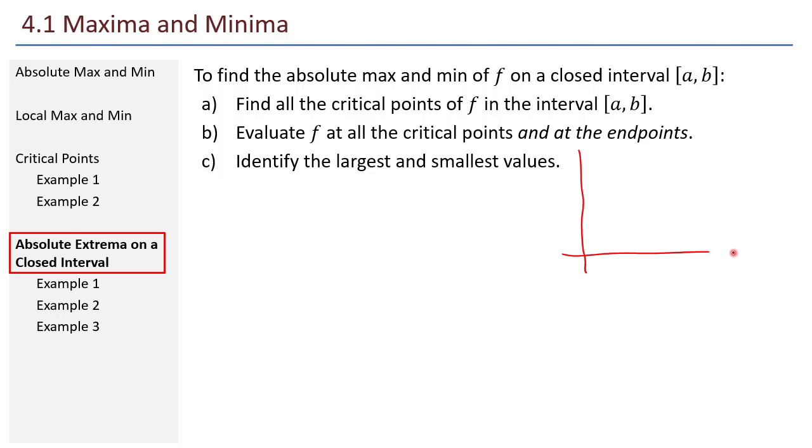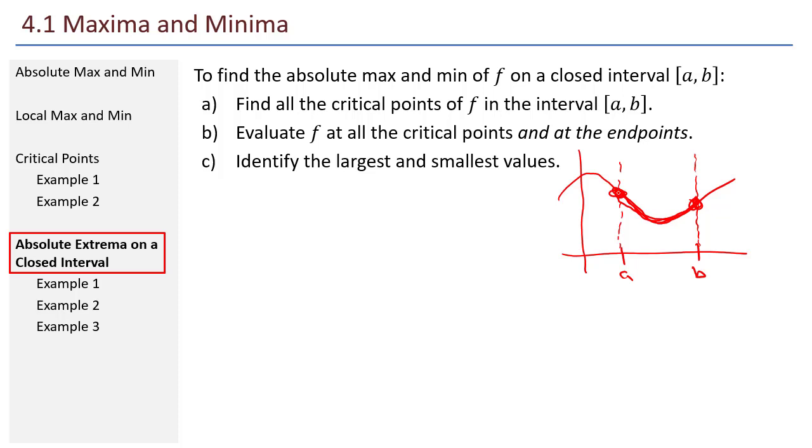Here's the big idea. If I have a and b, and I have some function, I'm really only interested in what that function is doing on the closed interval between a and b. My attention is all the way on just that little segment of the function.